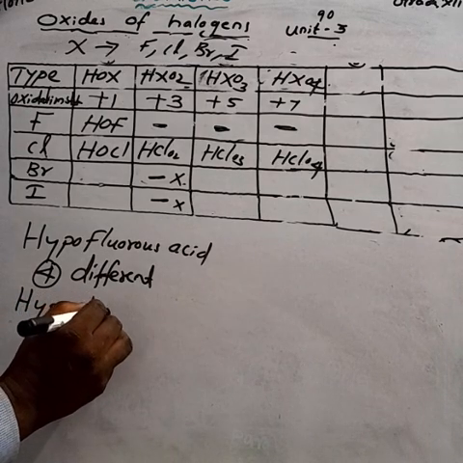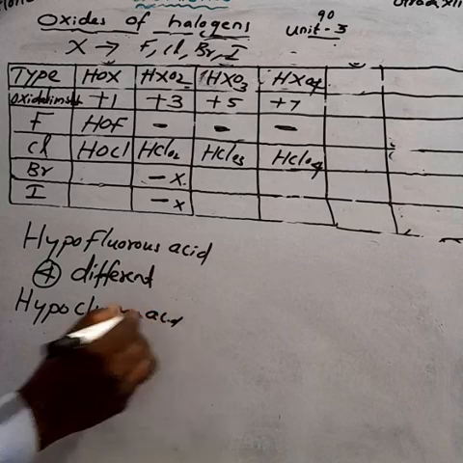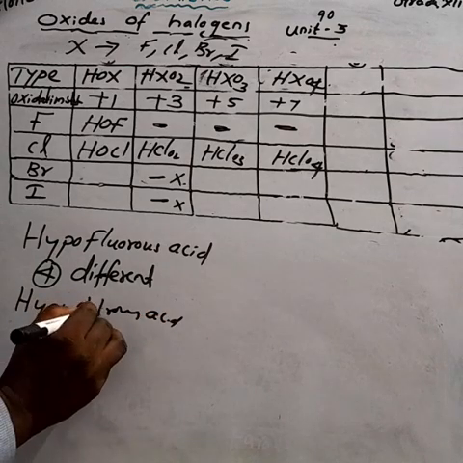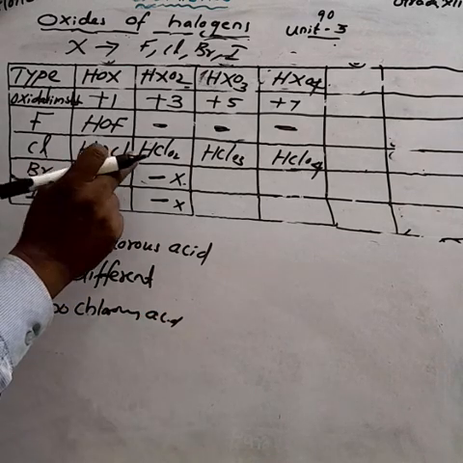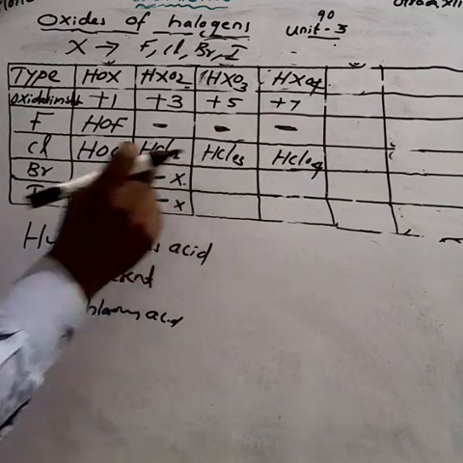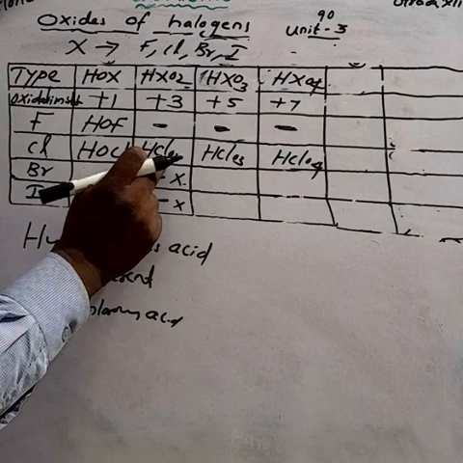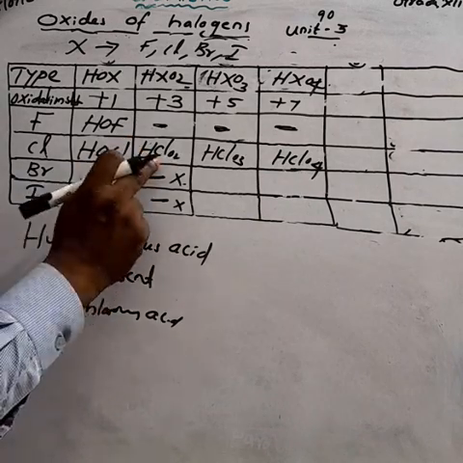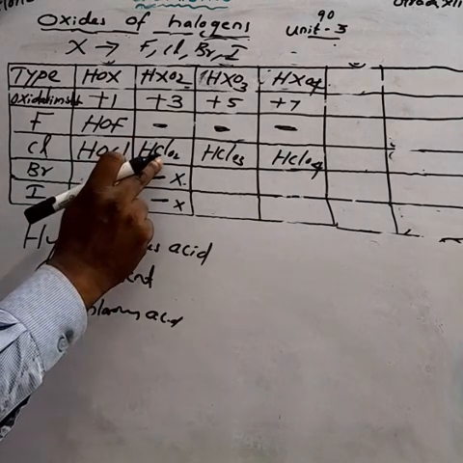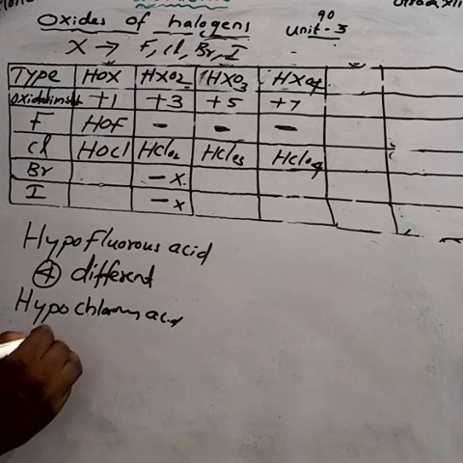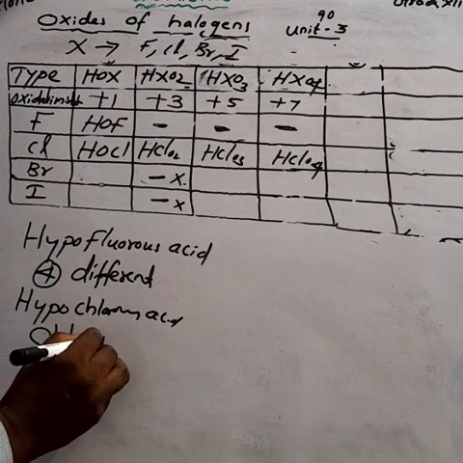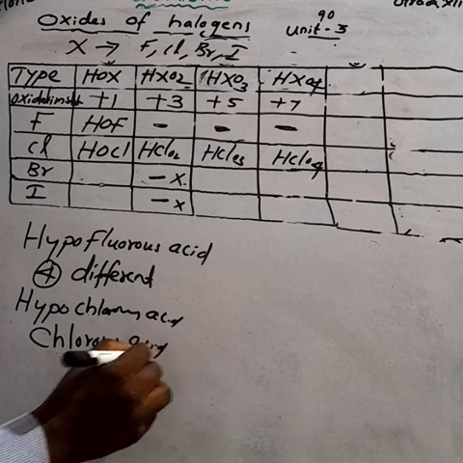The second type, HXO2. First we have to write the formula, HClO2. Just we are adding one oxygen atom. The name of the compound is chlorous acid. Chlorous, HClO2.